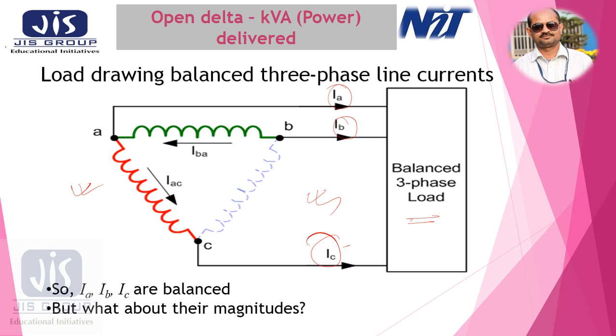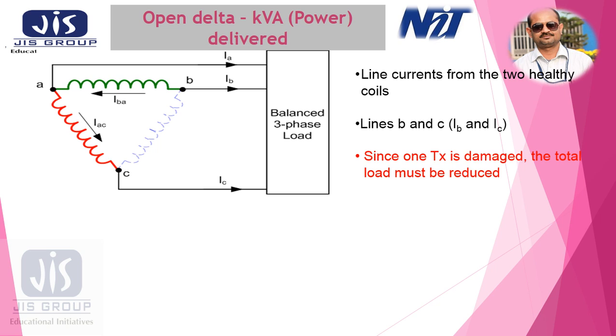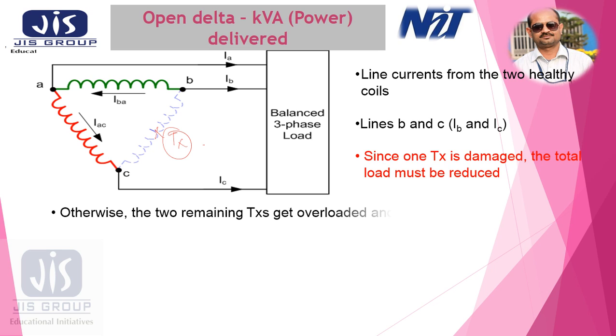So IA, IB, IC are balanced, but what about their magnitude? The line current comes from the two healthy coils, line B and C, IB, IC. Since one transformer is damaged, the total load must be reduced. Otherwise, the two remaining transformers get overloaded and damaged.